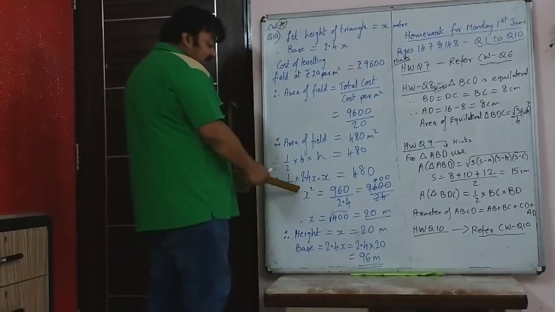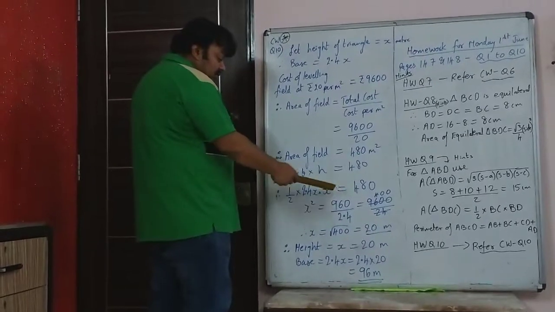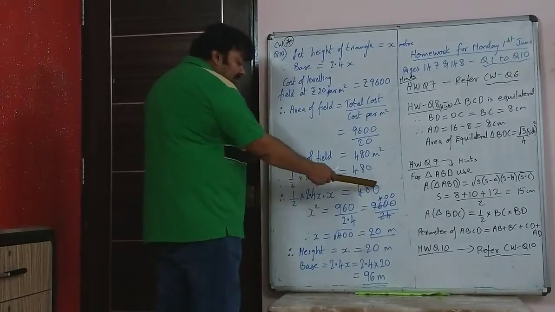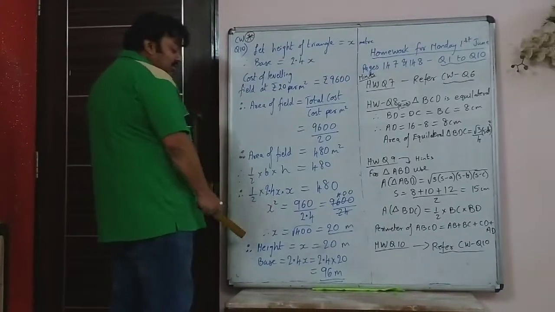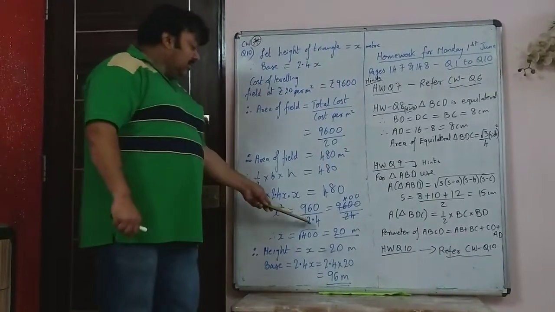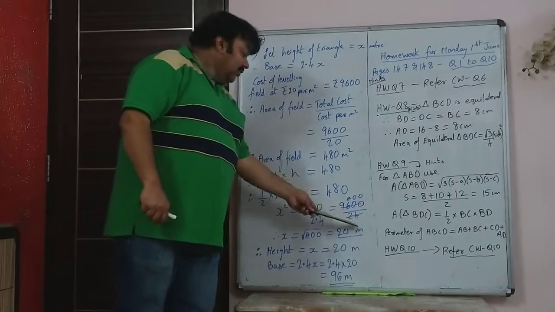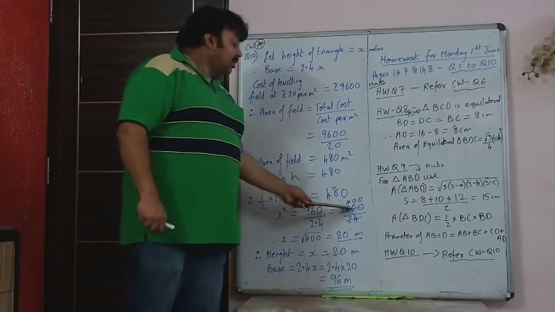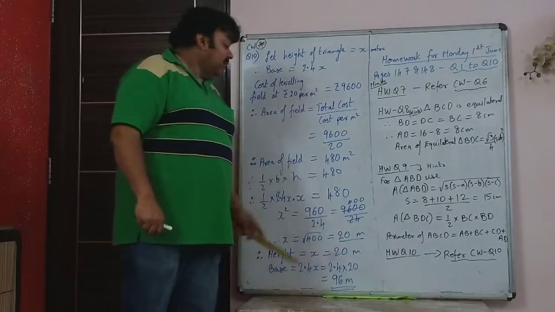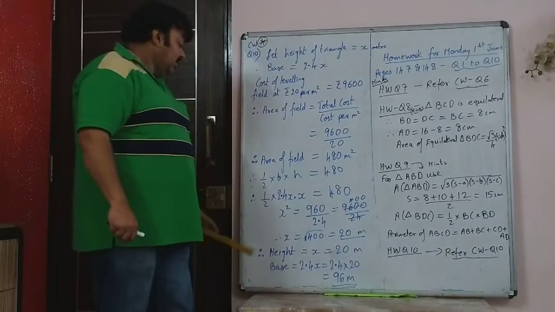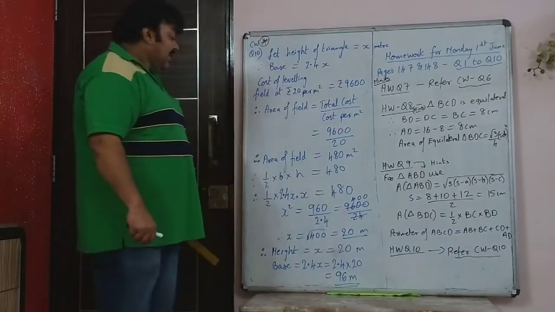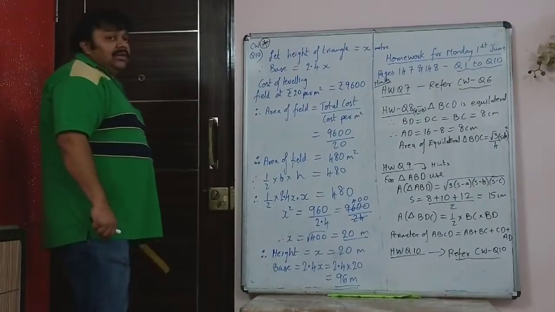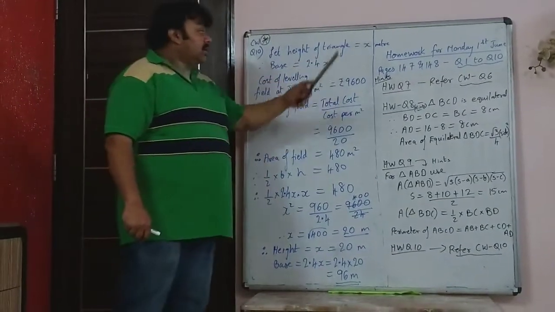So x squared is, then you have to cross multiply, 480 into 2 becomes 960 upon 2.4. When you do this, you add a 0 and shift the decimal. It becomes 9,600 upon 24, which is 400. So x is root of 400, that is 20. 20 meter is the height.